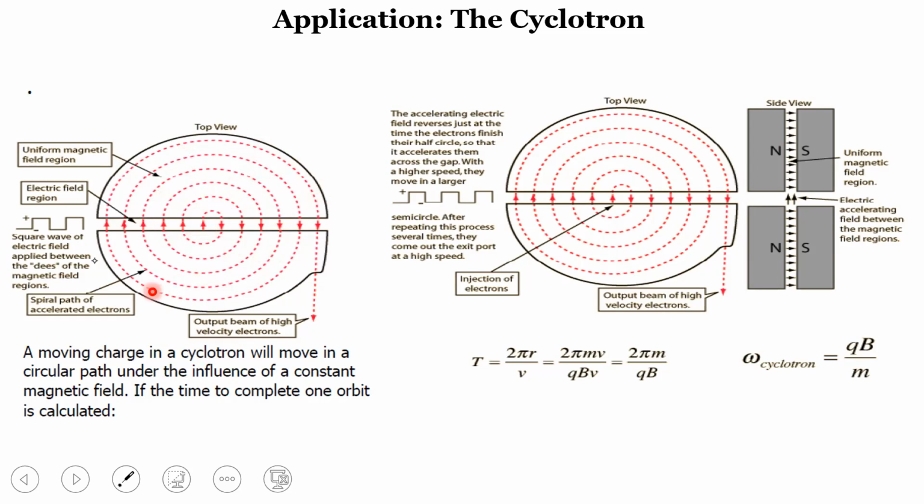And why is it spinning out? Because the electric field within this region, that is the region between both magnetic fields, the disks D1 and D2, have an alternating voltage source.